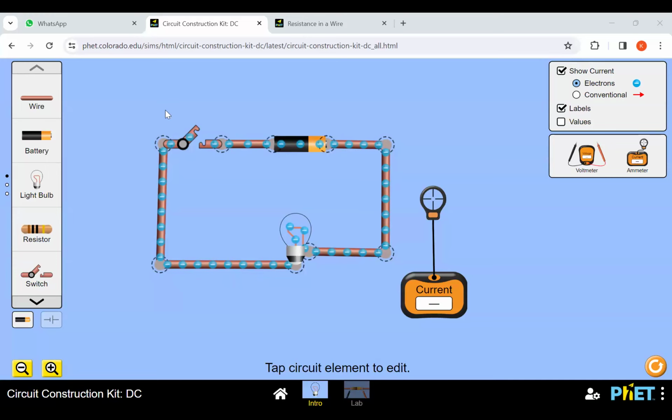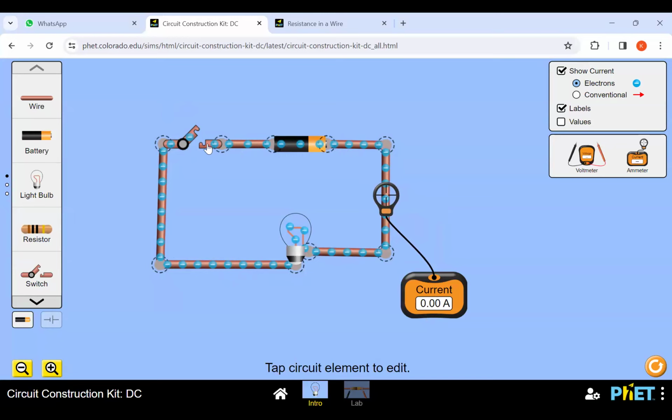So this is an open circuit because my switch is open. My charges are stationary, inside the wires, inside the light bulb, inside the battery. So at this point of time, if the charges are stationary, the rate of flow of charges will actually be 0. So I have an ammeter over here.